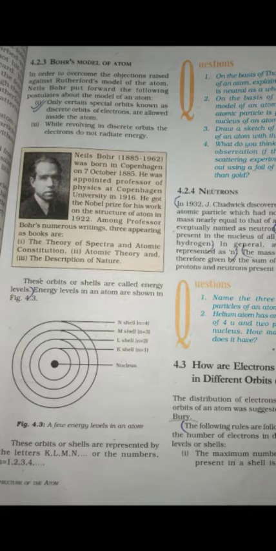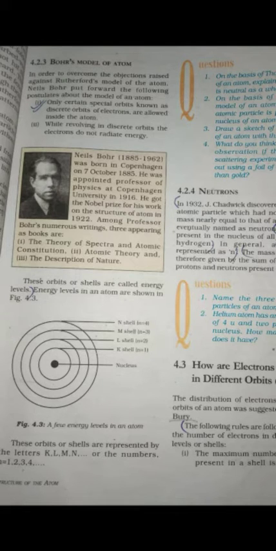Electrons are present in the orbits, the K, L, M, N orbits or shells, and electrons are revolving around the nucleus. He told that. So this is the actual structure of atom.